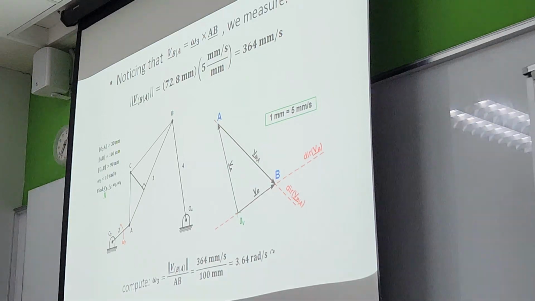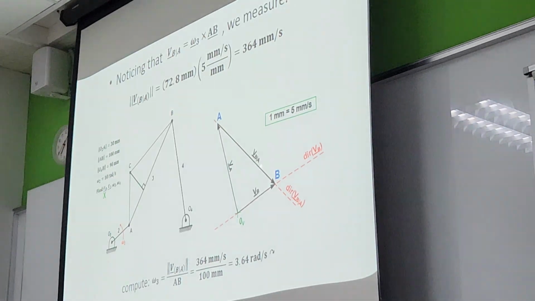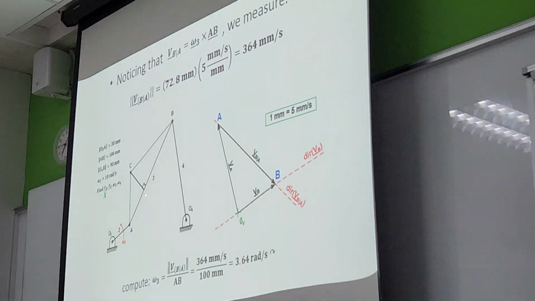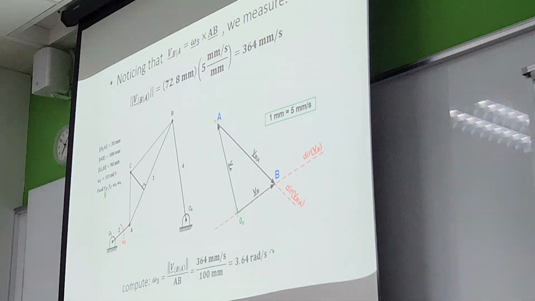Now once you know velocity B to A, you can calculate the angular velocity of link 3. If you divide velocity B to A by the length of the link AB, you will get the angular velocity.